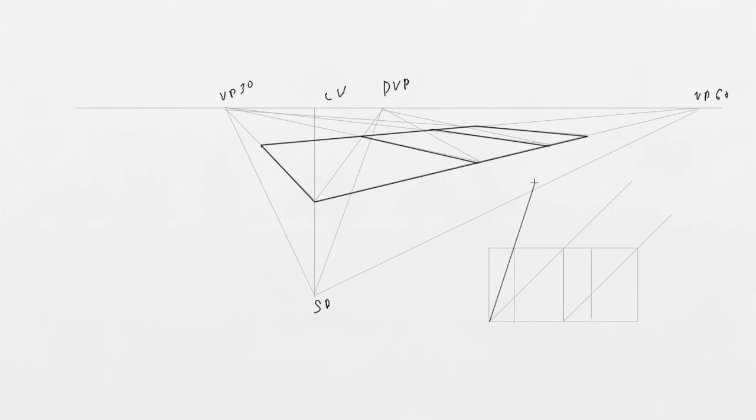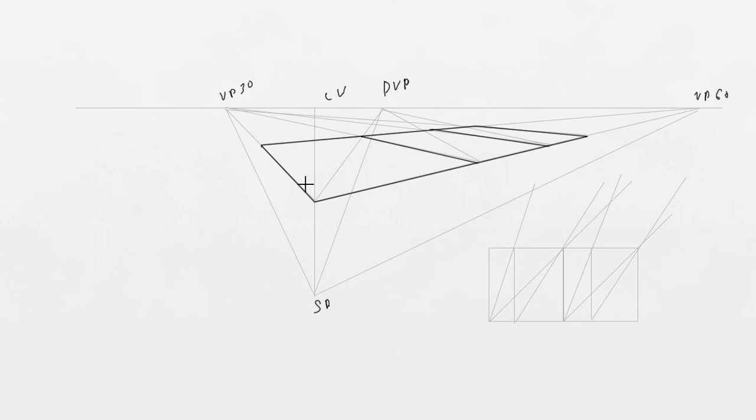Diagonals of these rectangles would be different, but these ones are parallel and these ones are parallel. So we got 2 points, 2 distance points, and you could call it special point.